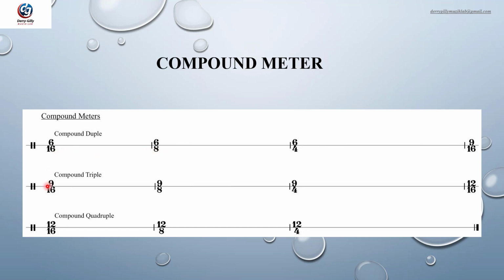When we go to compound triple, this one can be divided into three first divisions: 9/16, 9/8, 9/4, 12/16. So it means that we have three groupings or a multiple of three. Now, compound quadruple is a grouping of four: 12/16, 12/8, 12/4.